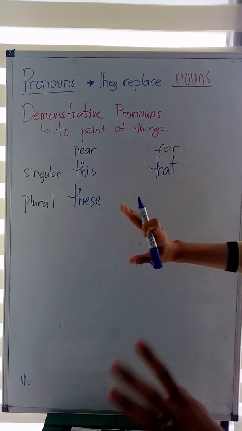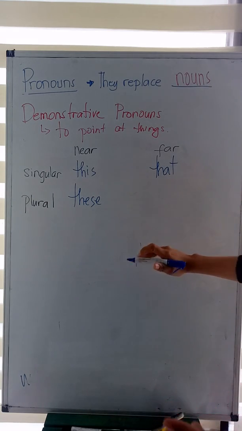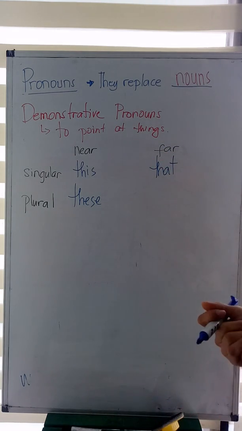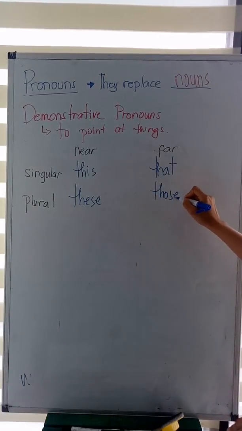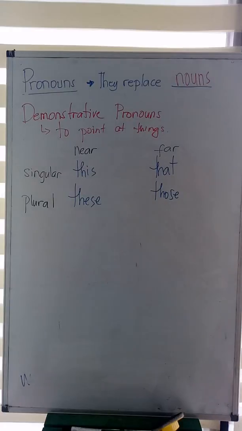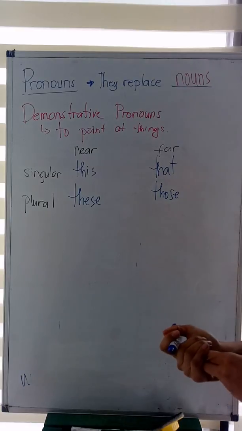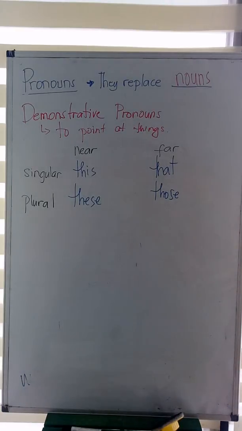For far objects, at a distance, and it's plural, more than one, we use the demonstrative pronoun those. Always read the sentence and understand it, because the sentence will actually give you a clue which demonstrative pronoun you need to use.